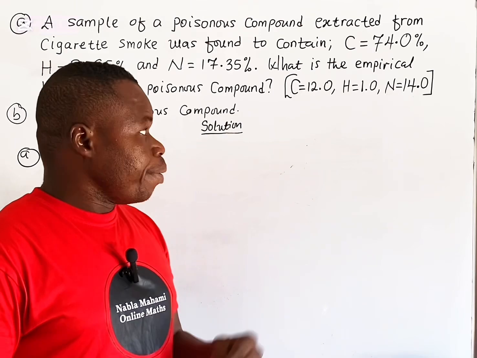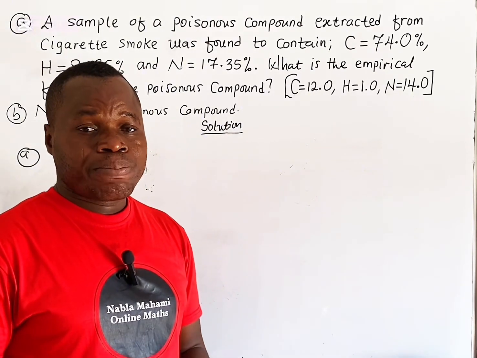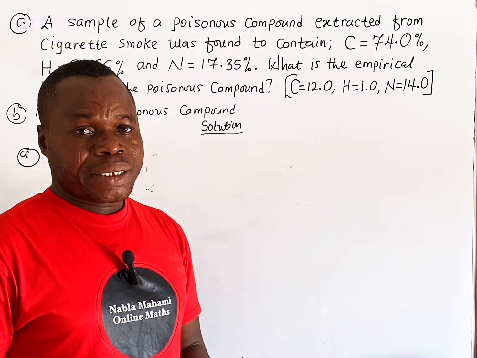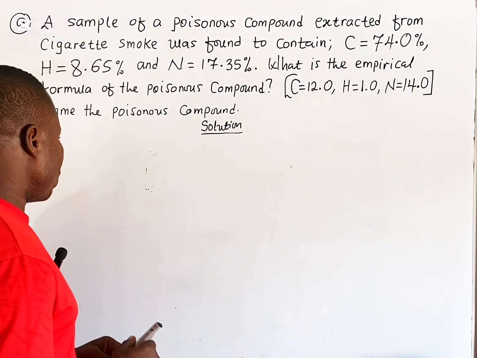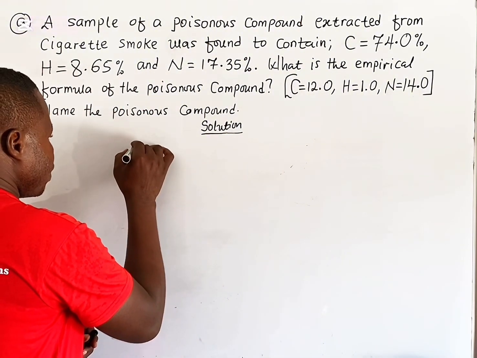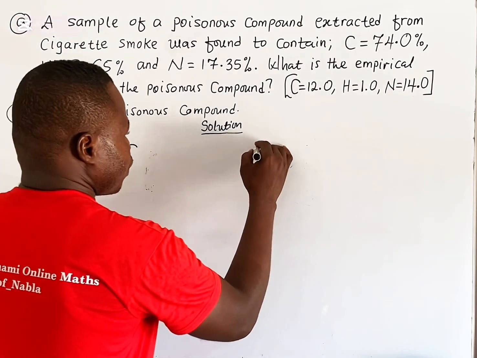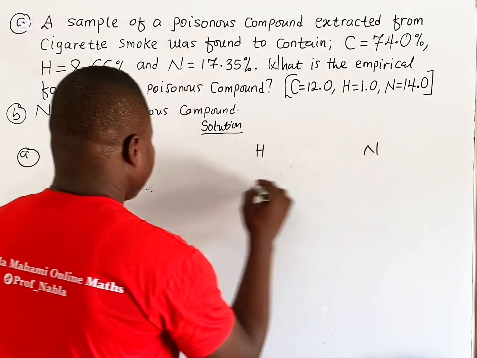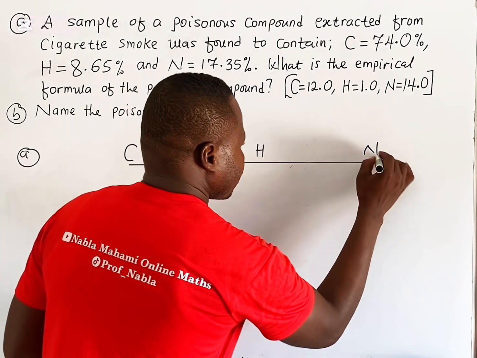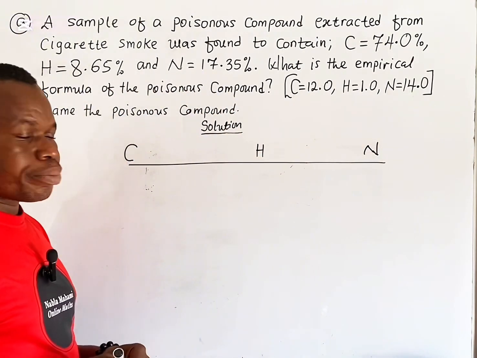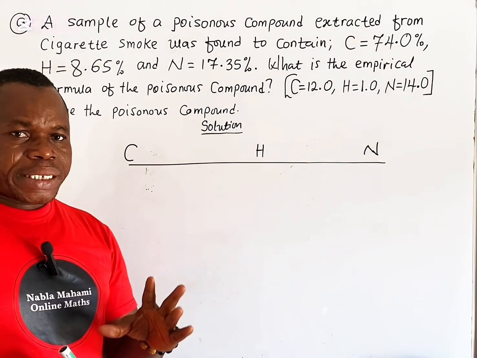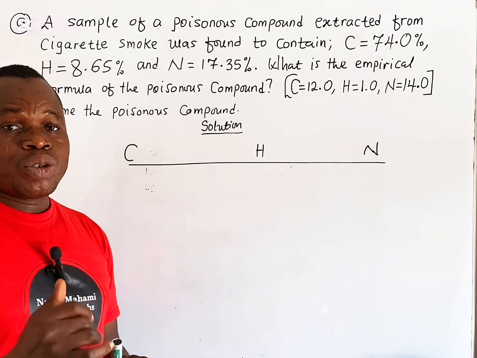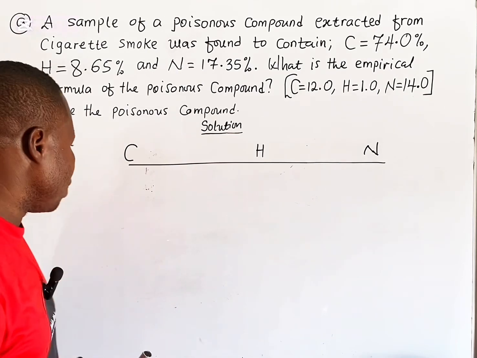To find the empirical formula of this poisonous compound, first of all, write down the symbols of the compound. So I'll have C, H, N, and underline it this way. Next thing is, take their percentage masses and divide by their individual atomic masses.